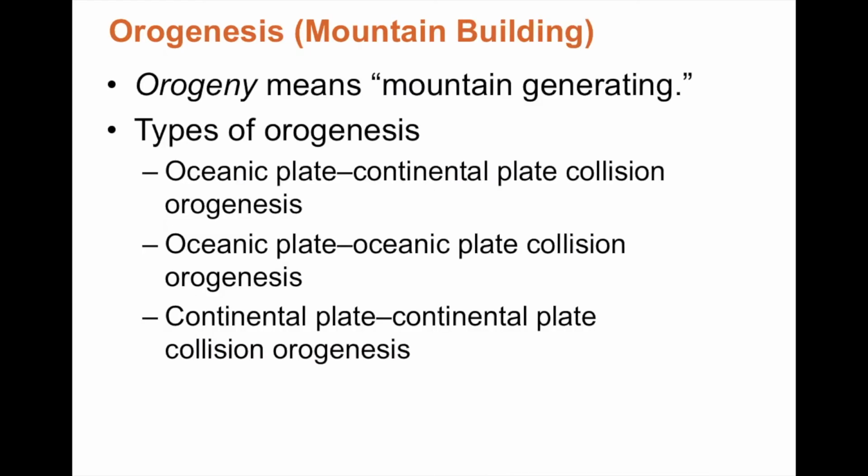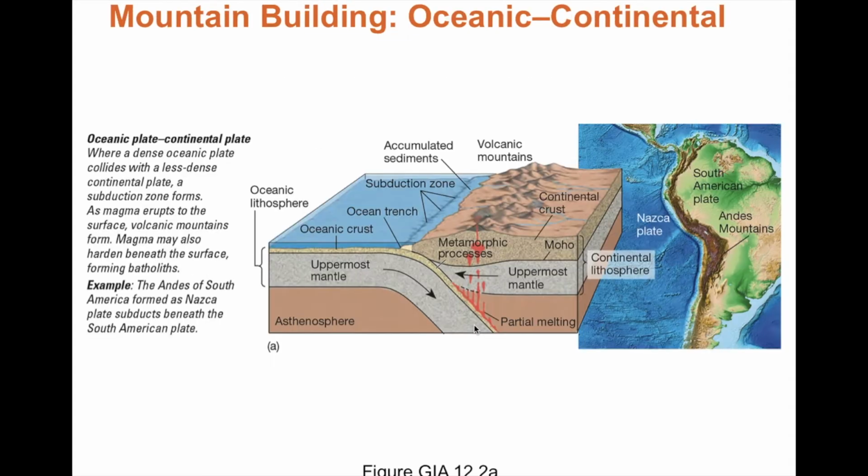Now, orogenesis is the idea of mountain building or mountain generating. This happens when an oceanic plate collides with the continental plate, or an oceanic plate can collide with another oceanic plate, or a continental plate can collide with another continental plate. And where you have these collisions is where your fault zones are.